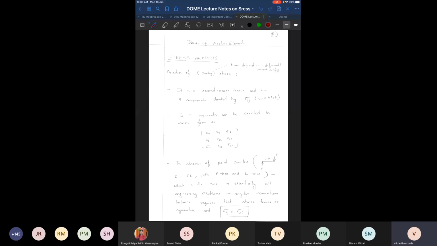Next, what we will be talking about are the failure models. In particular, we will be paying attention to the plastic yielding of material, meaning we do not want any permanent shape change occurring in the machine elements when they are loaded. We do not want the materials to deform.